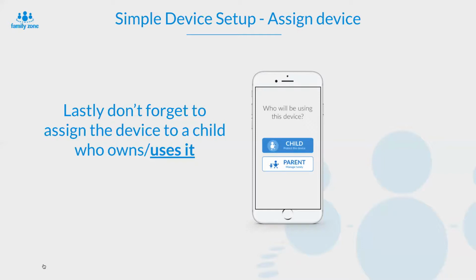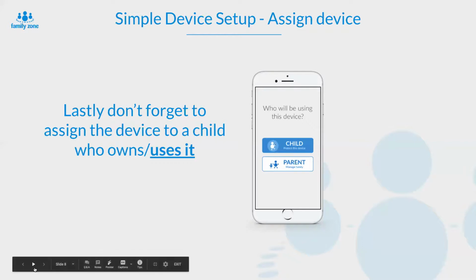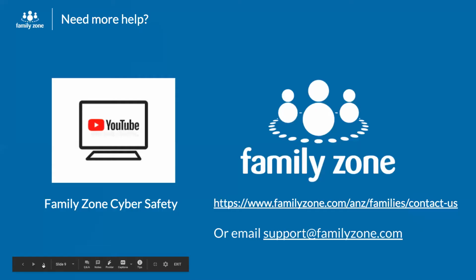And the last thing to do when you are adding a device to your Family Zone account is make sure you assign it to the child that uses it, yeah? So don't assign it to yourself as the person who owns it, assign it to the child who uses it the most, yeah? And that way they will have the filtering and protection for their appropriate age, yeah?